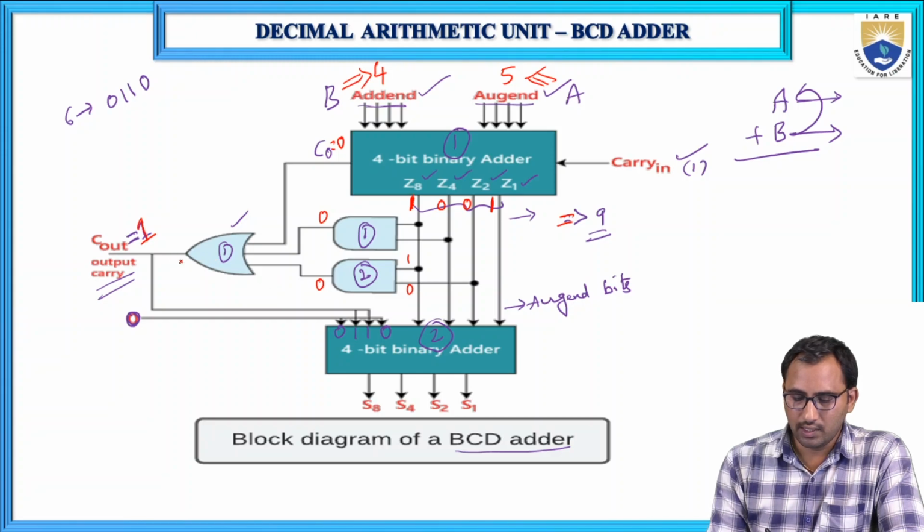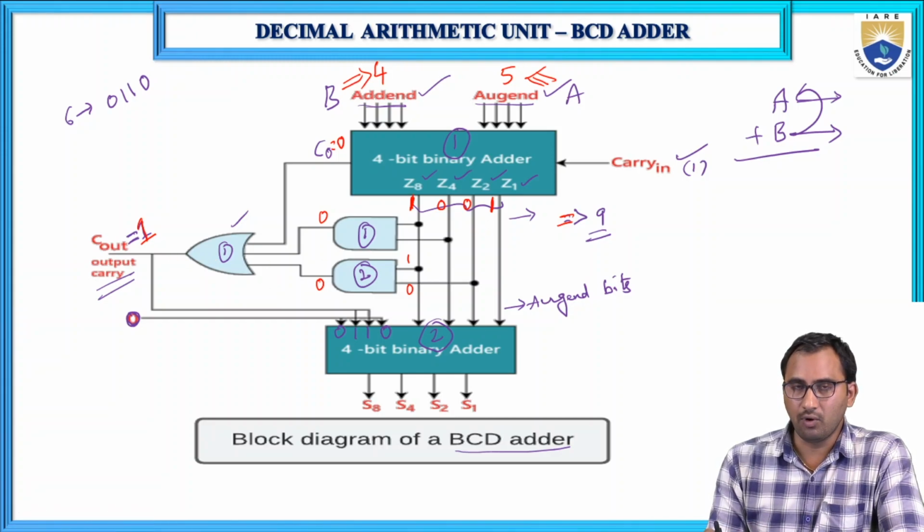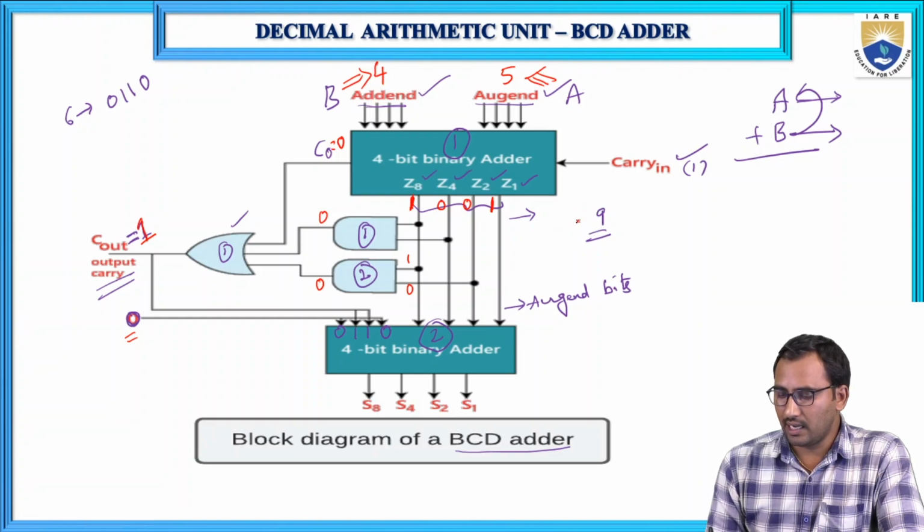So in this case the sum value is 9, and we add 6 only if the sum value is greater than 9.